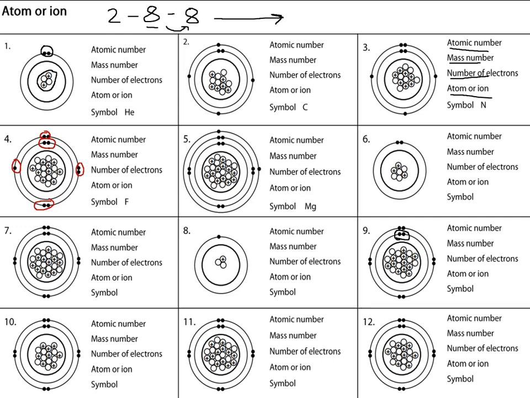Okay, so pause the video in a few seconds. See if you can work out what the atomic number is, the mass number, the number of electrons, atom or ion, and the same for atom number 5. So 3 and 5. Pause the video in 3, 2, 1, go.